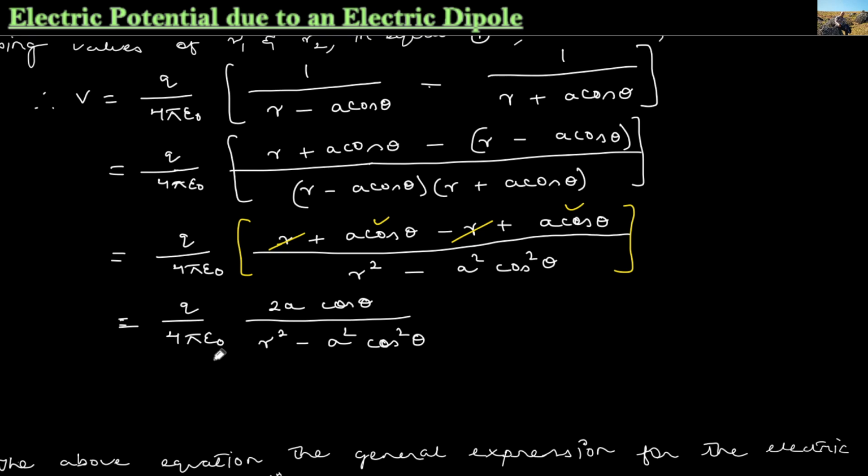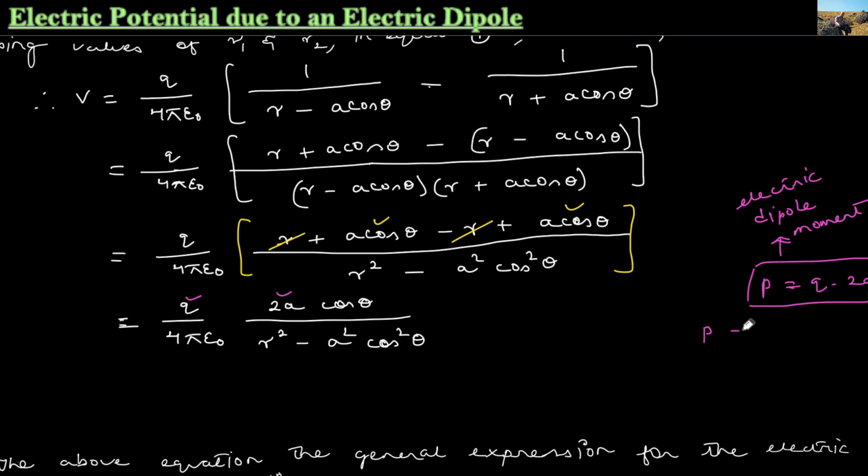But remember that the electric dipole moment p is equal to q times twice a. This is our definition of the electric dipole moment. This term q and twice a is nothing but p, our electric dipole moment. So p is q times twice a.